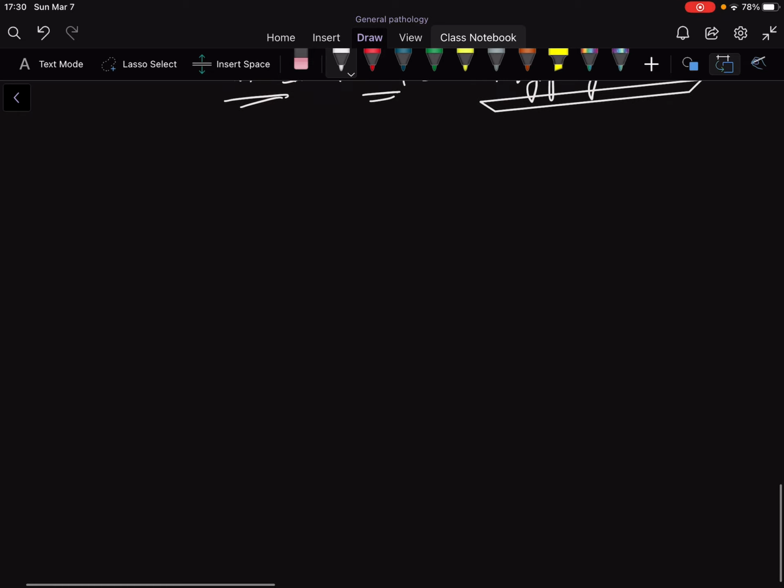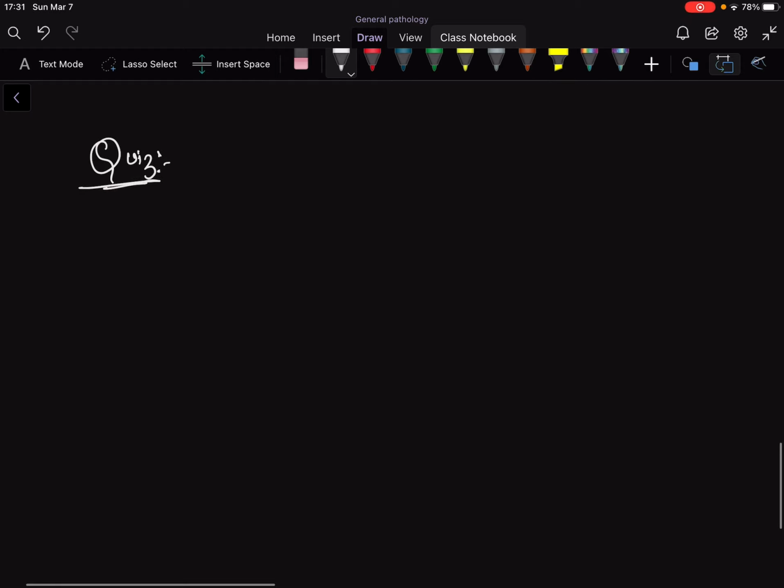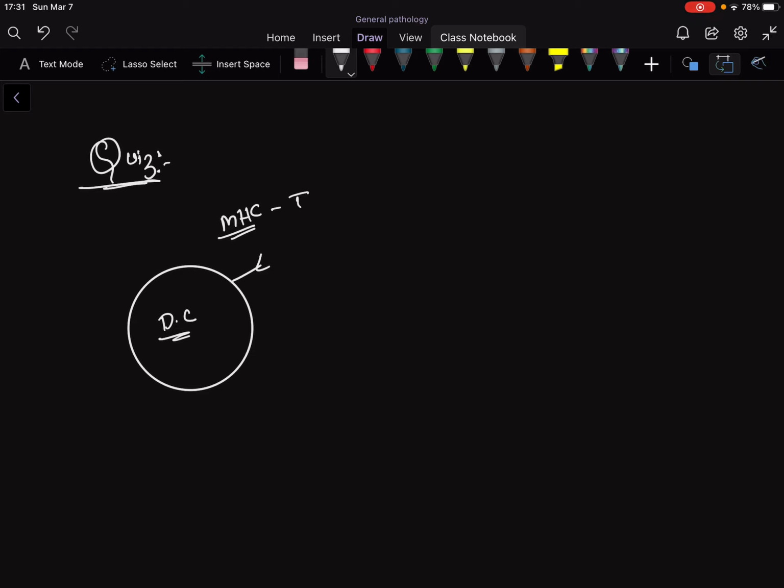Suppose I am giving a small quiz here for you guys, and here is the dendritic cell presented with MHC class 1 receptor. So what is the T cell here? I am giving two options for you guys.